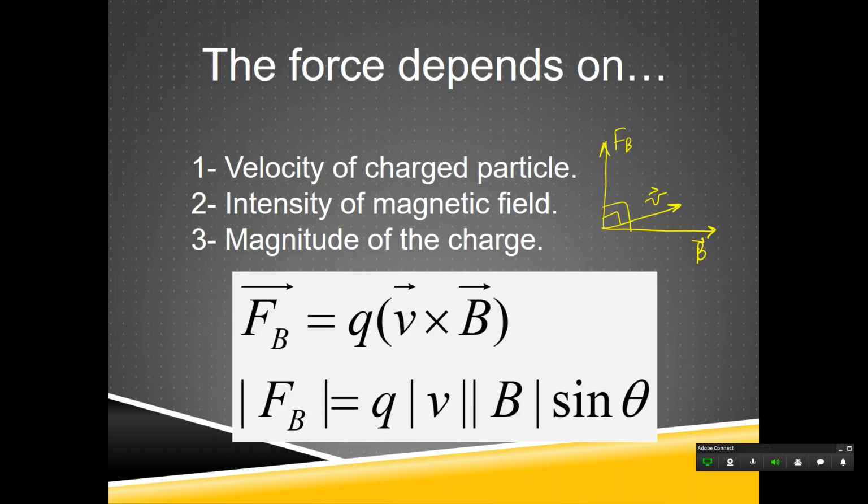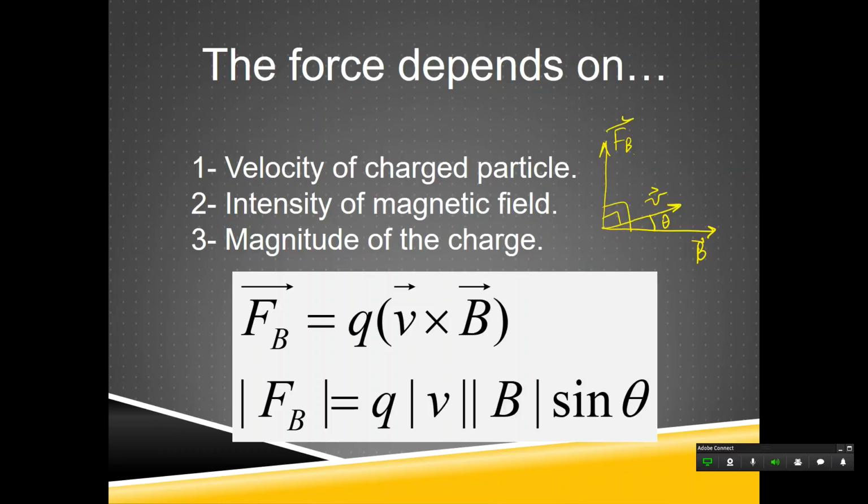Now the magnitude of that normal vector, the magnitude of FB in this case, is dependent on the angle between the two. This angle here, we're going to call that angle theta. The closer that angle is to 90, the bigger the magnitude of the magnetic force.